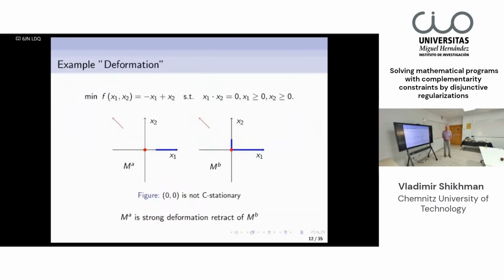Okay. Let us look, for example, at why this is not critical. We are at 0, 0 all the time. This is the typical set in normal coordinates, and our function is minus x1 plus x2. So it goes into this direction.